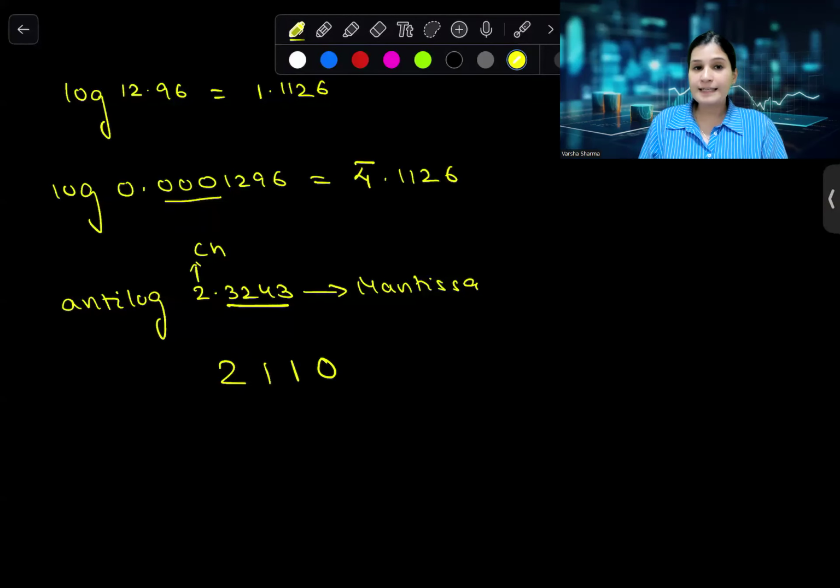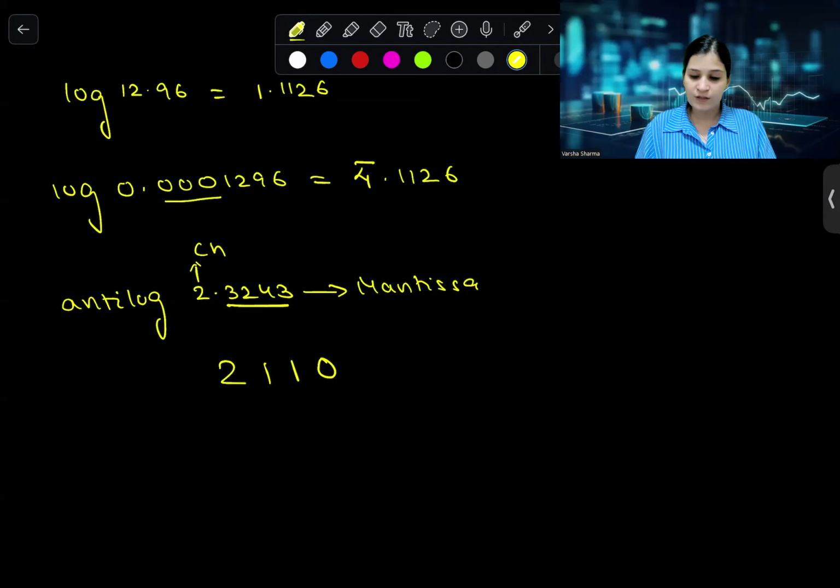2110. And since the characteristic is 2, the number of digits before the decimal minus 1 gives us 2. So the number of digits before the decimal will be 3. Characteristic is 2, so there should have been 3 digits. That's why we got minus 1 and we got 2.